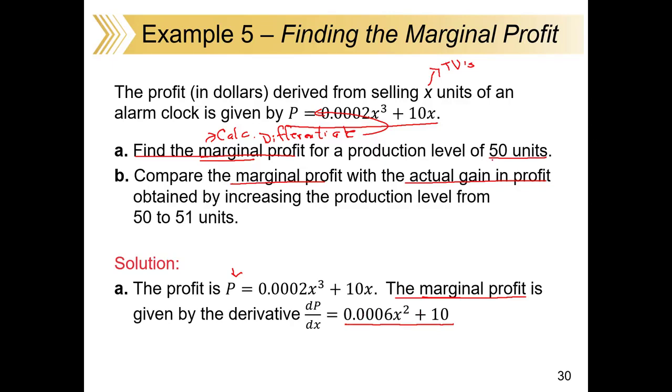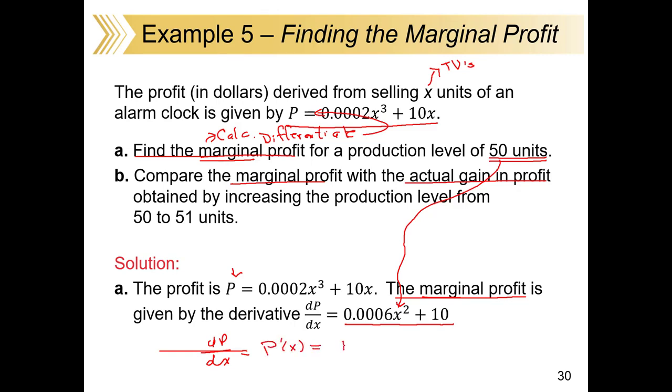But the question says, what's the marginal profit if we're selling 50 units? So you take that 50, and you're going to put that 50 in where the x is. So your marginal profit, another way of writing it, of course, would be like this.